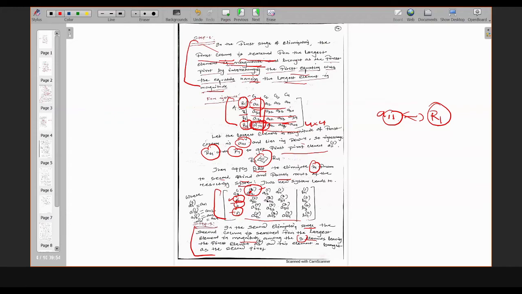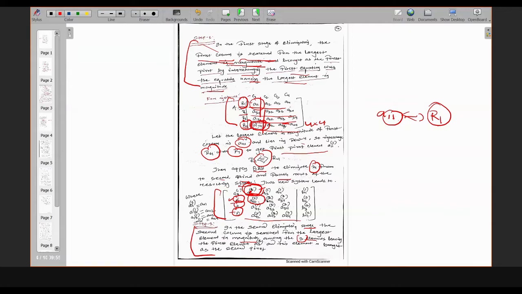Because you are not considering the first element while searching for the largest element, since your pivot element is sitting at the 2 position. So you have to skip the elements sitting above the pivot position. So that's why you don't need to consider such an element when searching for the largest element in magnitude.